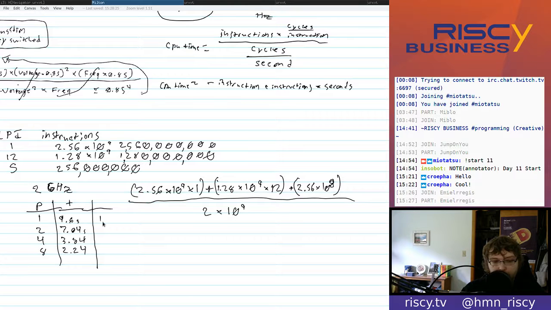So 7.04 divided by 9.6. So that's going to be 0.73.